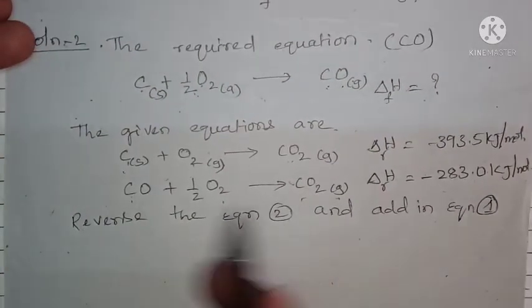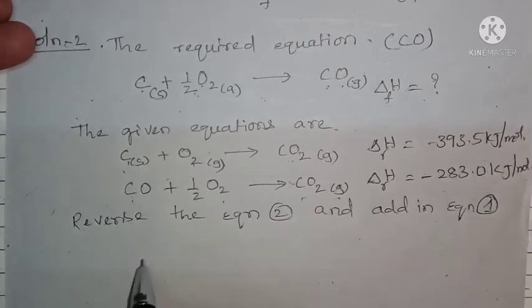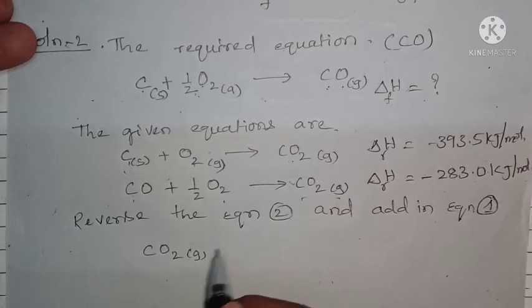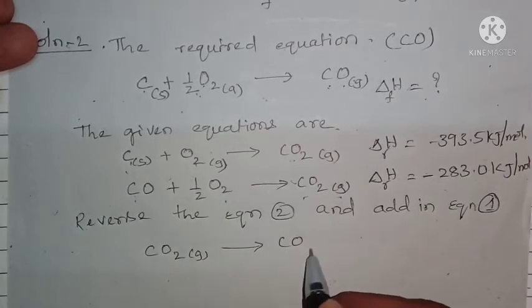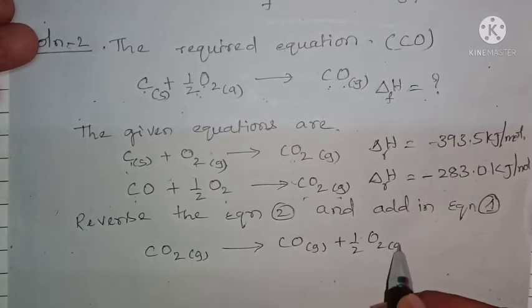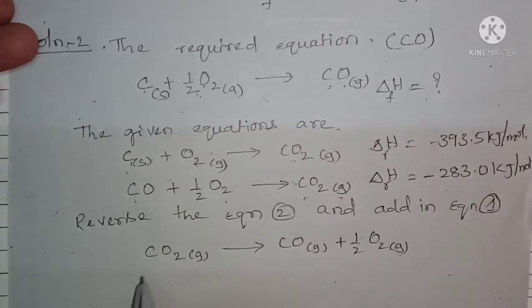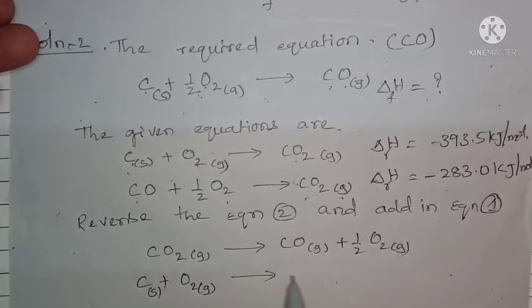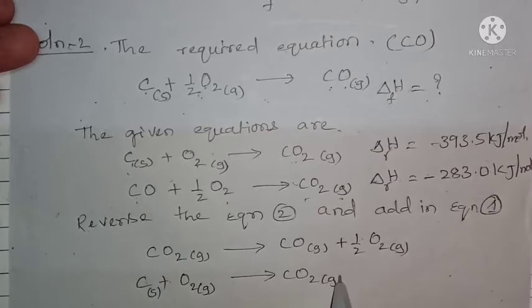On reversing, it becomes CO2 gas gives carbon monoxide gas plus half O2 gas, and equation 1 is C plus O2 gas gives carbon dioxide gas.